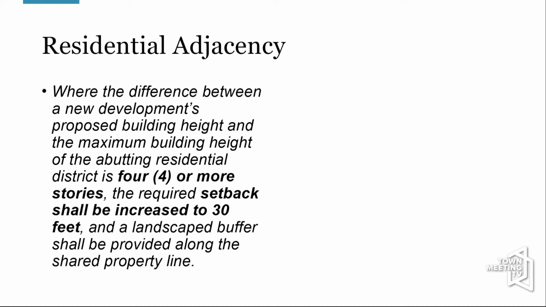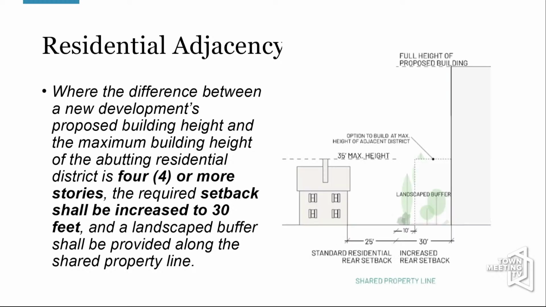So the residential adjacency rules would add an additional setback requirement when the height difference between the maximum allowable height in the adjacent district and where you're trying to build is 4 stories or more. Something like this to illustrate that.